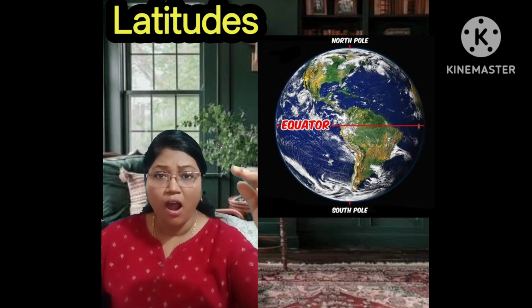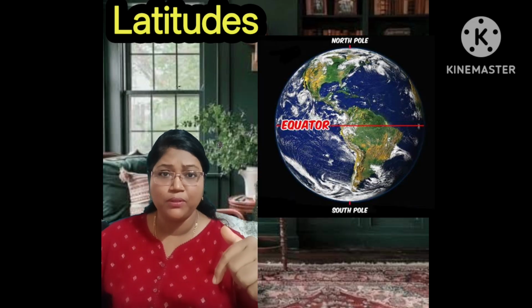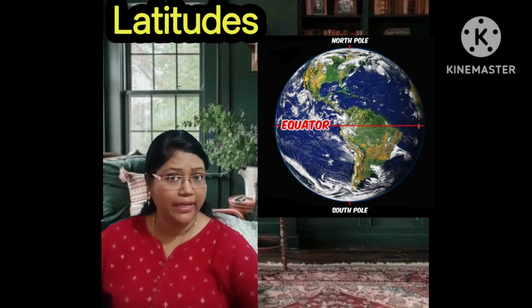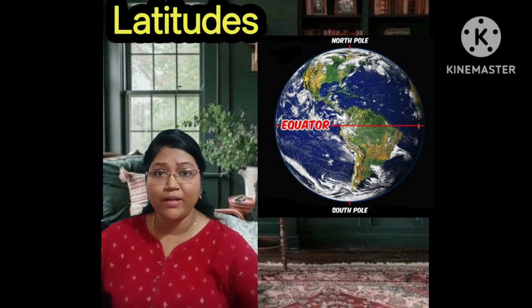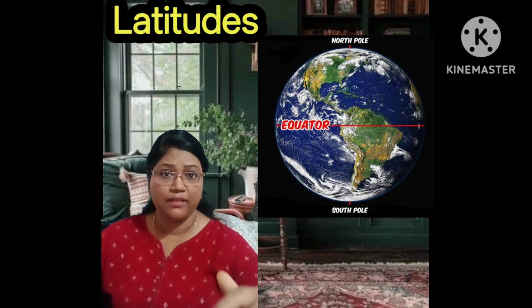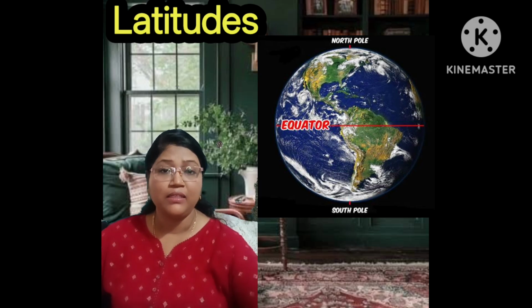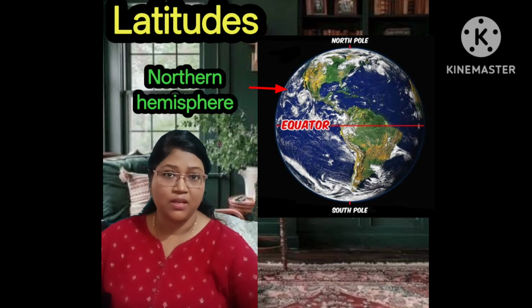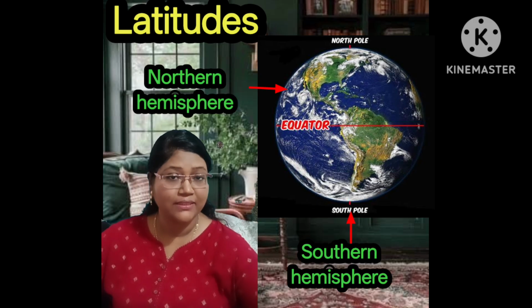They are the North Pole and South Pole. Halfway between these two poles, there is the largest circle, which is called the equator. This equator divides the earth into two halves: the northern hemisphere and the southern hemisphere.